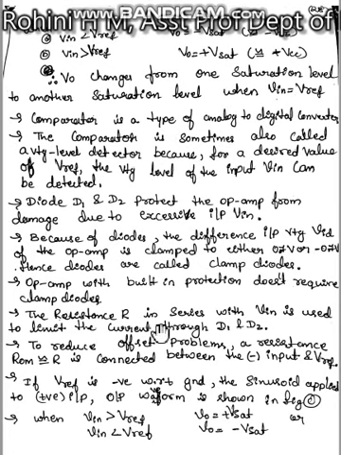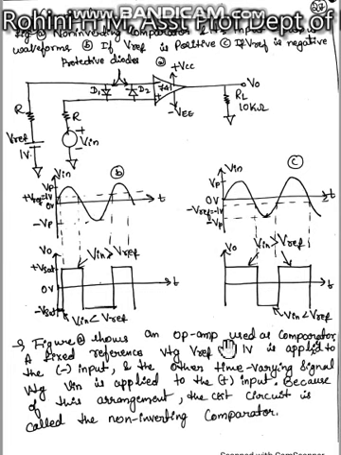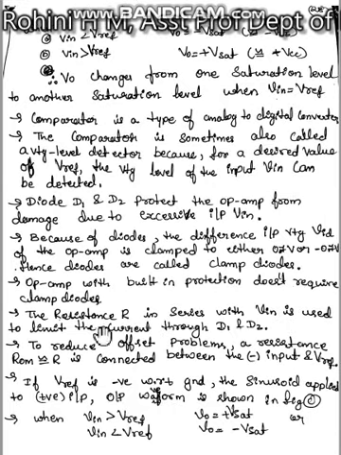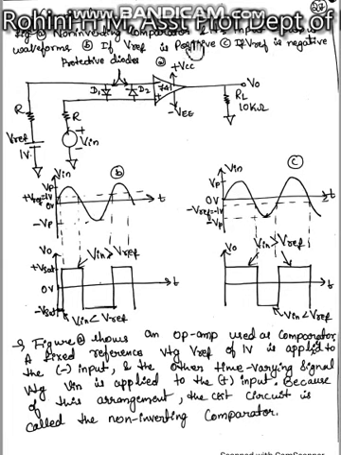The resistance R in series with Vin is used to limit the current through the diodes D1 and D2. To reduce the offset problems, a resistance ROM equal to R is connected between the negative terminal and Vref.